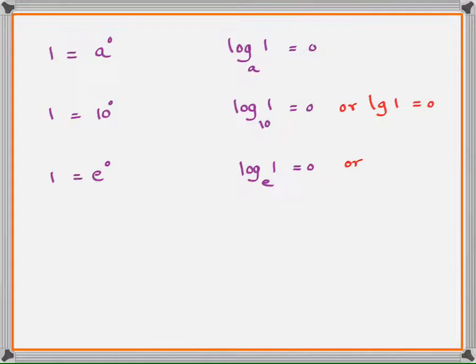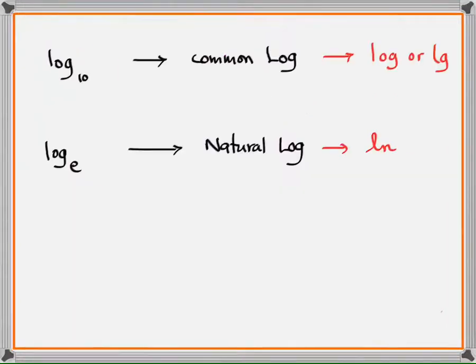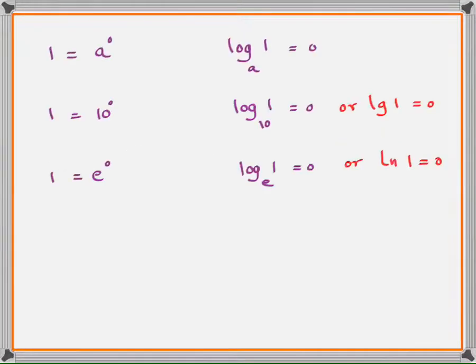Log 1 base e equals 0, in other words, ln of 1 equals 0. So the rule was the same. We introduced two new functions, log to the base 10, that's common log, log or lg. Log to the base e, that is natural log, we call it ln. So therefore we know that log 1 base 10 equals 0, lg 1 equals 0. Similarly, log 1 base e equals 0, ln 1 equals 0.